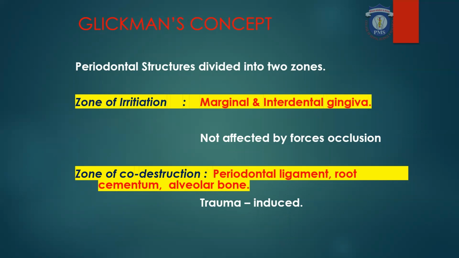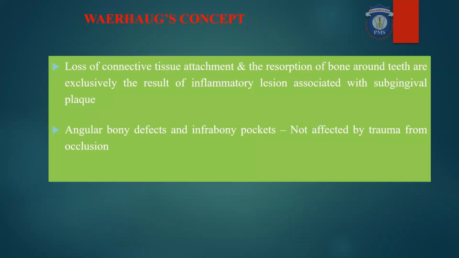The other important concept, as I already told you, is Verheyen's concept, which is a contradictory concept. Based on this concept, the loss of connective tissue attachment, resorption of the alveolar bone, or periodontal destruction occurs exclusively as a result of the inflammatory lesion associated with subgingival plaque.